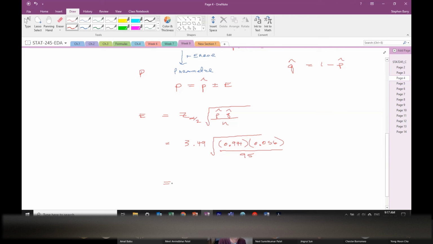All right, so the error on this thing is 0.0823. Now, when you translate that into a percentage, that's like an 8.2% error.